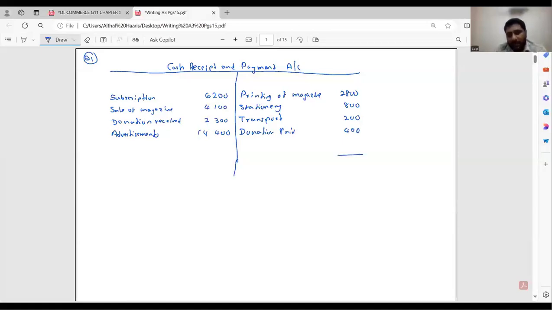Now you balance and find out the end of the period cash balance. So take the total here: 200, 300, 600, 1,000, 10,000, 11,000, 13,000, 27,000.